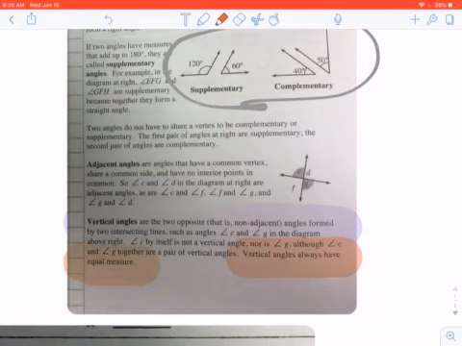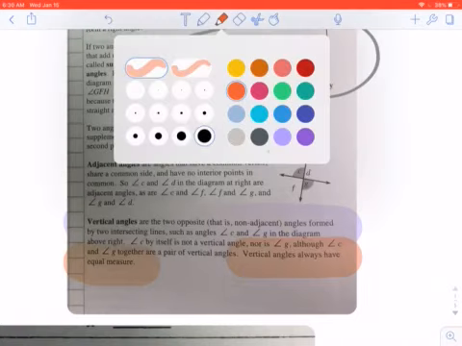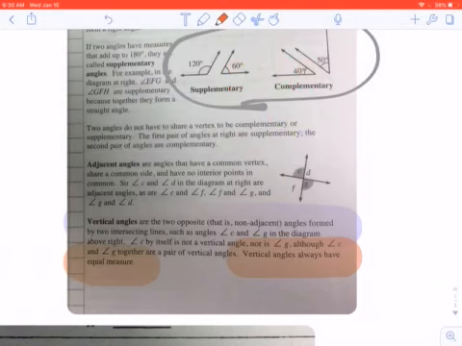So the other term is adjacent angles, and adjacent angles are angles that are next to each other. So they're angles that are side by side. So in this case, C and D are side by side, they're adjacent, they're touching, they share that common ray, okay? Or D and G are a pair of adjacent angles. Okay, we go the whole way around. G and F are adjacent, and F and C are adjacent.